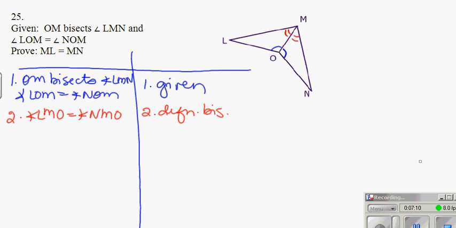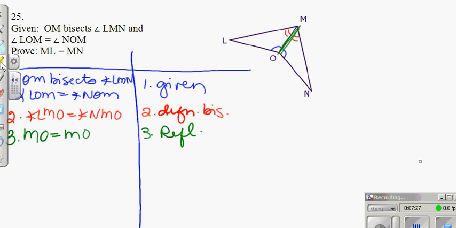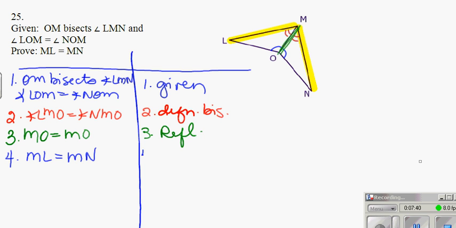So now I have these two angles congruent. And the thing that I am always going to look for, reflexive side. It is a fold in half proof. MO is equal to MO by reflexive. I am after this side and this side being congruent.